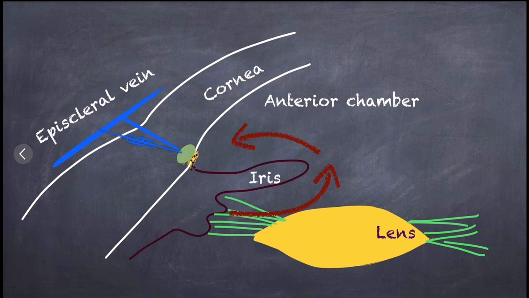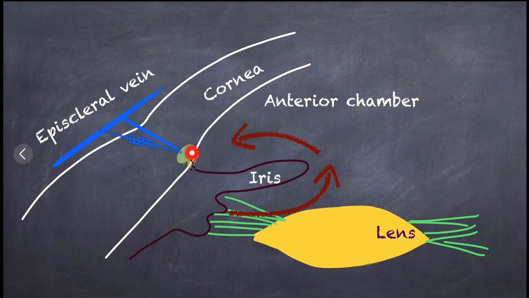Now here's an important point, that earlier it was thought that since the pressure in these veins is lower than the IOP, this aqueous flows passively into the episcleral veins, but now it has been found to be wrong.